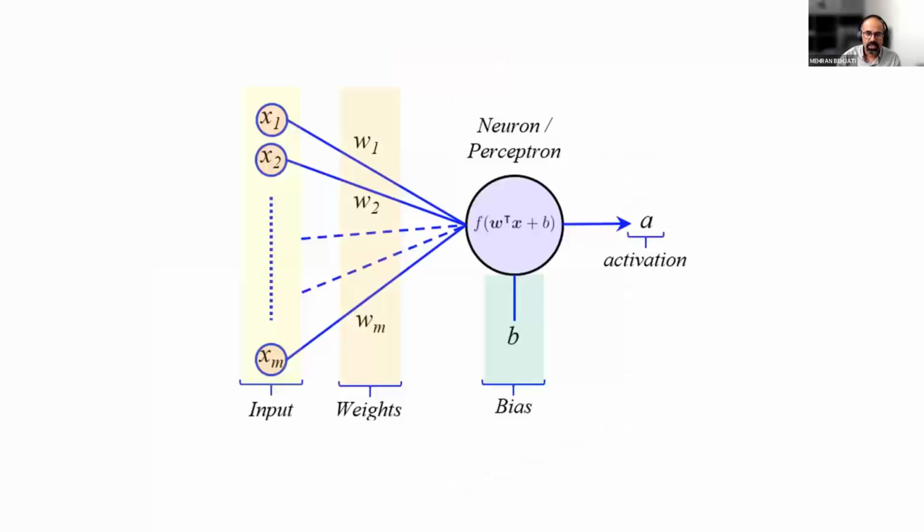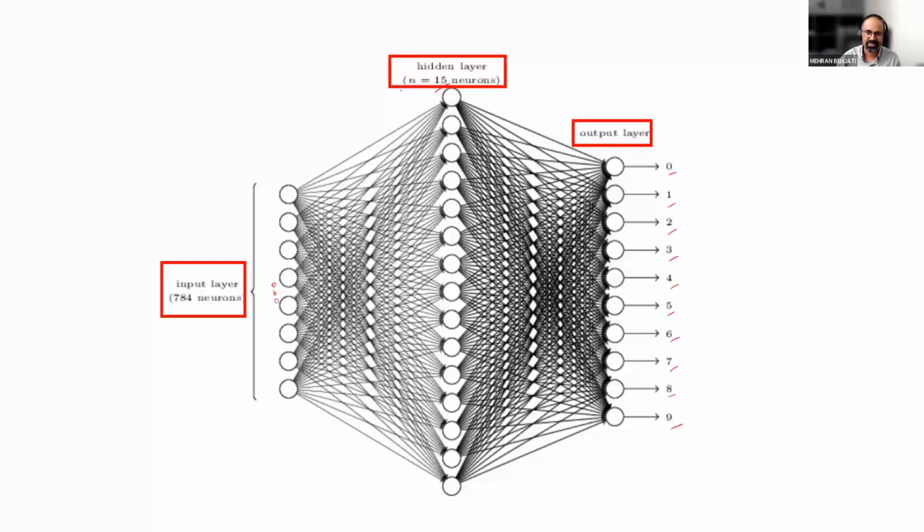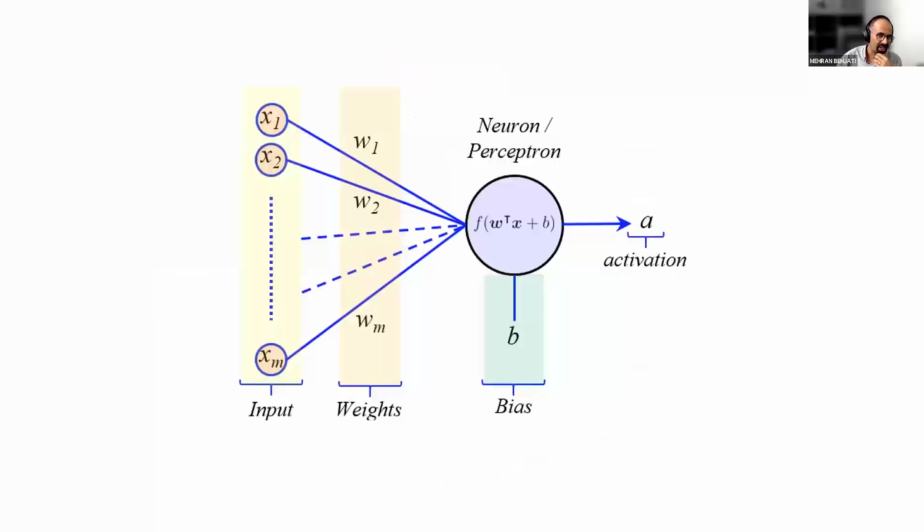Since this is a dense network, let's just focus on one of the neurons to see how it performs and what it actually does. Assume that this is one of our neurons in the hidden layer, and all neurons from the input layer are connected to this neuron.